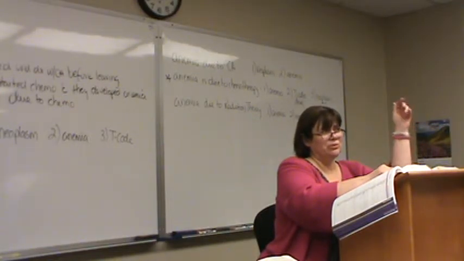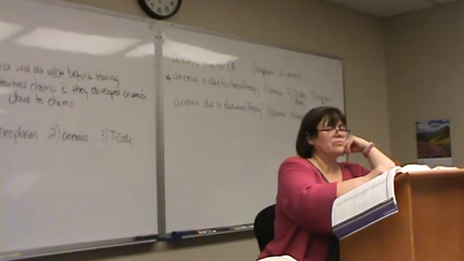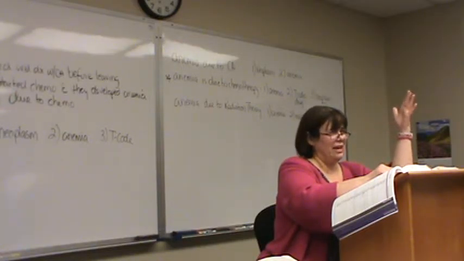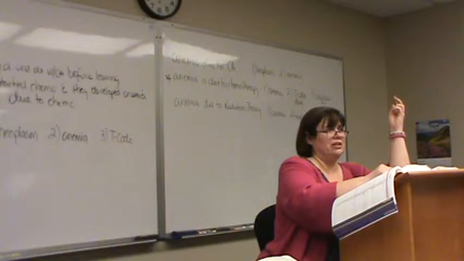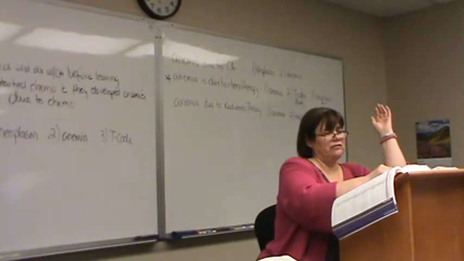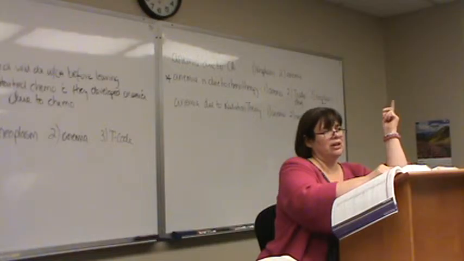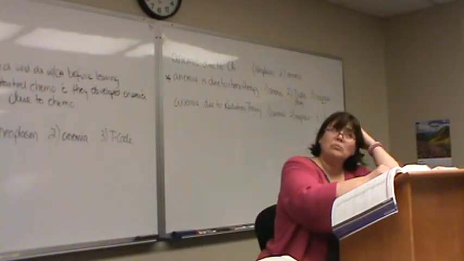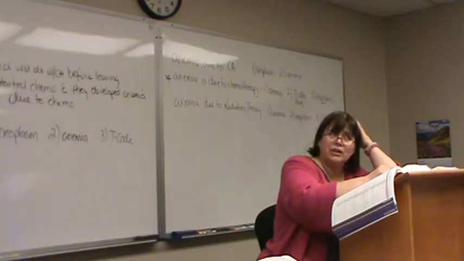Brachytherapy, remember I told you, is the seeding. And then stereotactic radiosurgery, that's where they're doing like gamma knife radiation that you see advertised on TV and stuff. Cyberknife. And then a lot of times, if they have to do it to the head, remember they have to place that head frame.